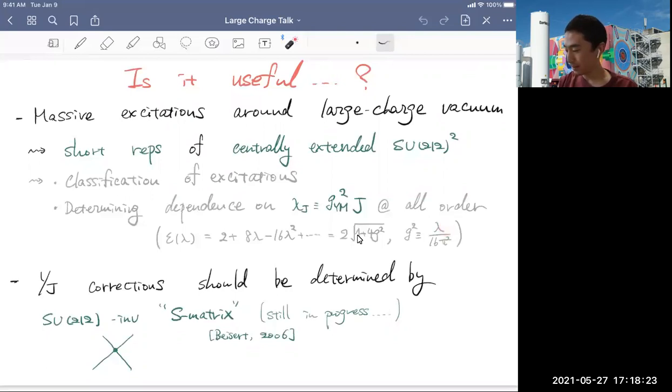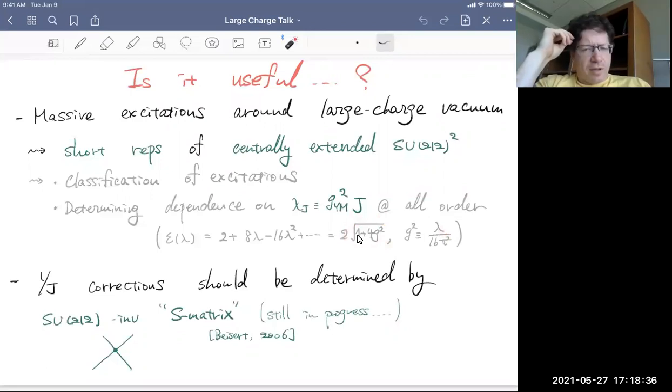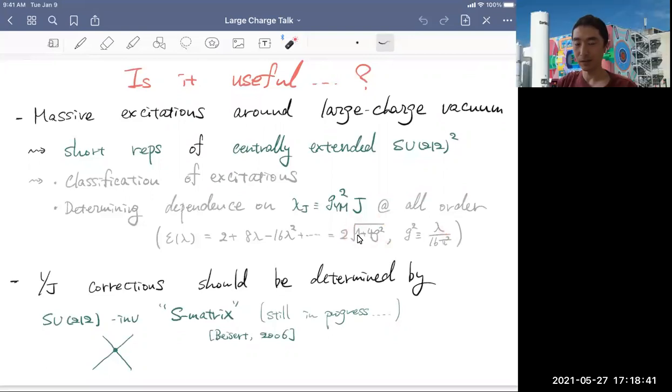And by the way, for people who know the integrability story, this is a special case of the magnon dispersion relation, which shows up in N=4 super Yang-Mills in the large N limit. This wasn't known from localization, right? This wasn't known.